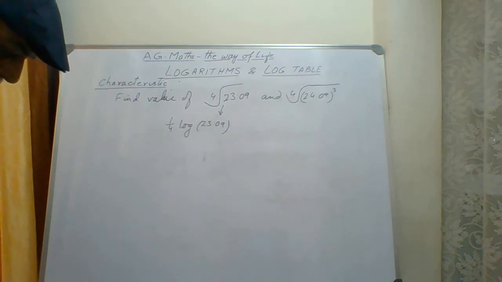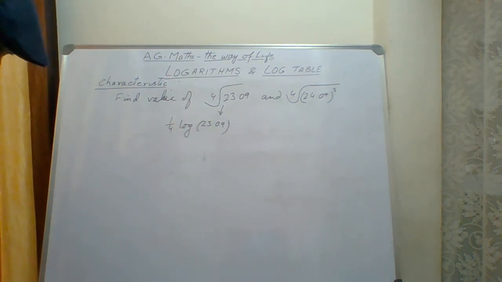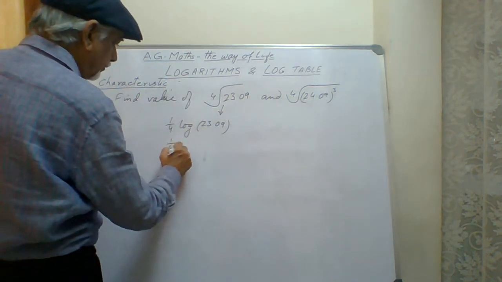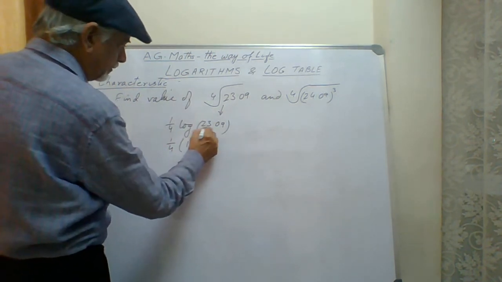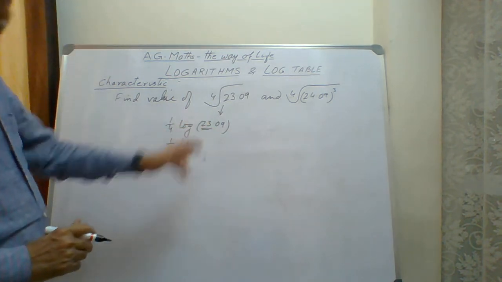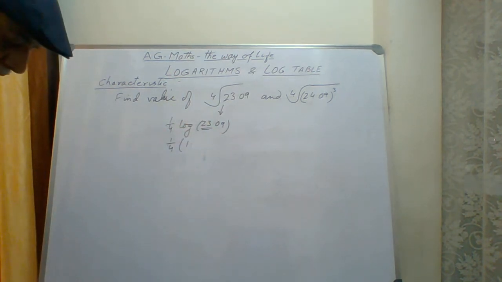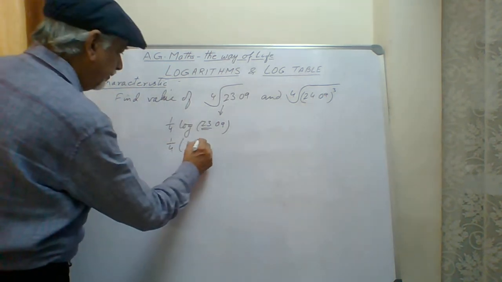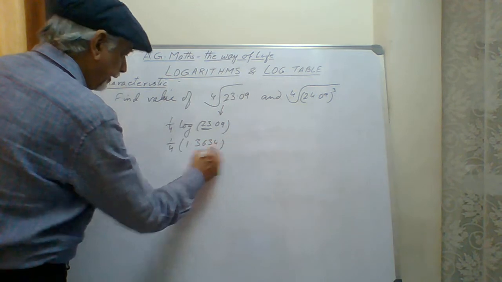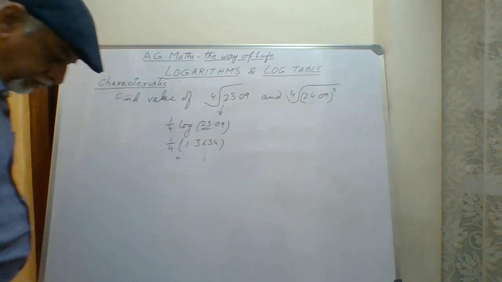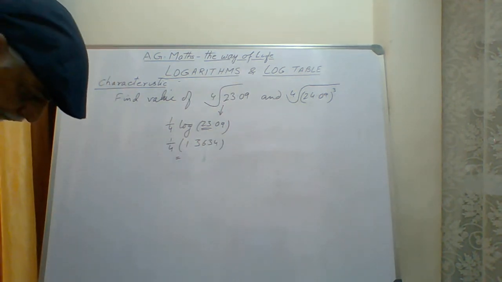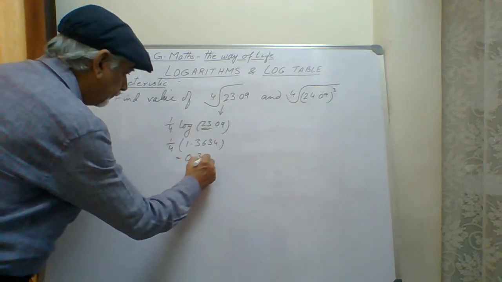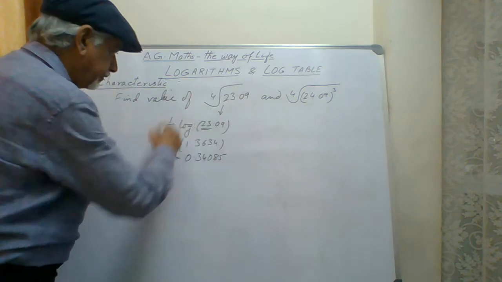Now find the value for 23.09, which is 1 point, because there are two digits before the decimal, I write 1 as the characteristic, so it is 1 point, and the mantissa is 3634. When you divide 1.3634 by 4, you get a value of 0.34085. This is the value.